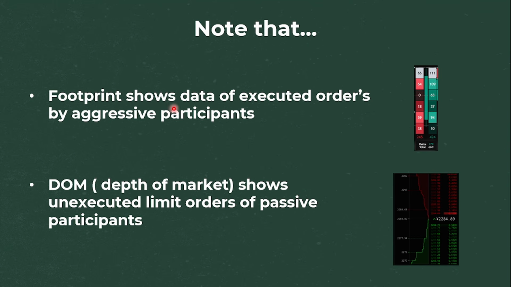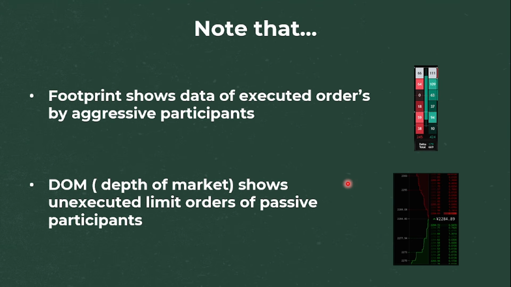Note that the footprint shows data of orders executed by aggressive participants, who are filling the limit orders at each price level. For example, these are the lower prices and these are the higher prices. The DOM, depth of market, shows the unexecuted limit orders of passive participants. This photo shows the depth of market. The higher prices are the sell limit orders, and at the lower prices are the buy limit orders.